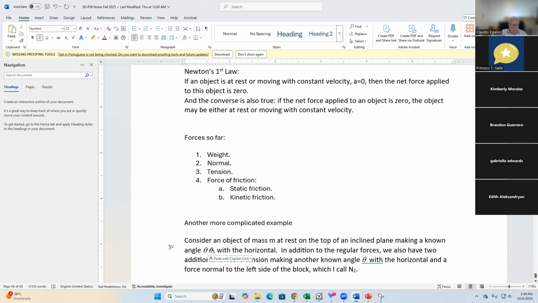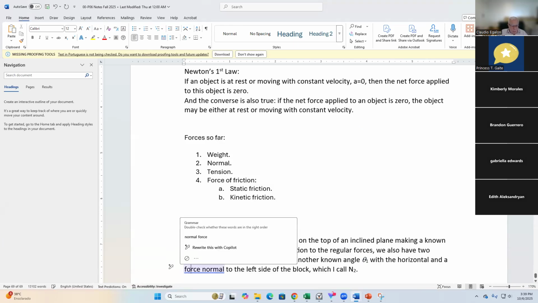In addition to the regular forces, we also have two additional forces. A tension that I'm telling you makes an angle theta 1 with the horizontal, not with the surface of the plane.